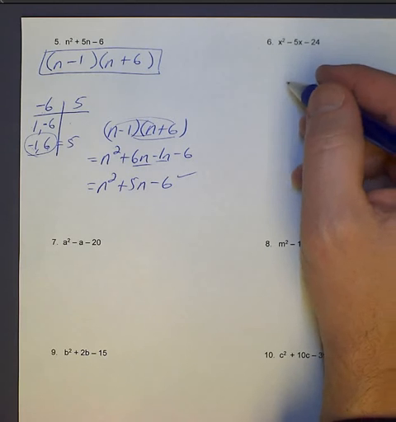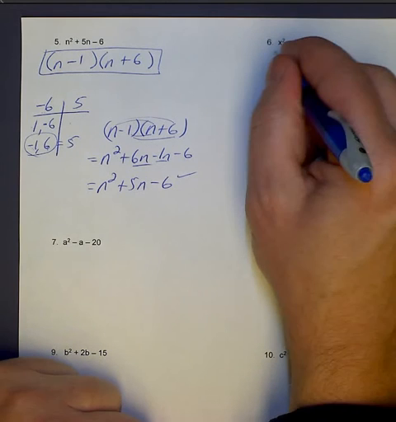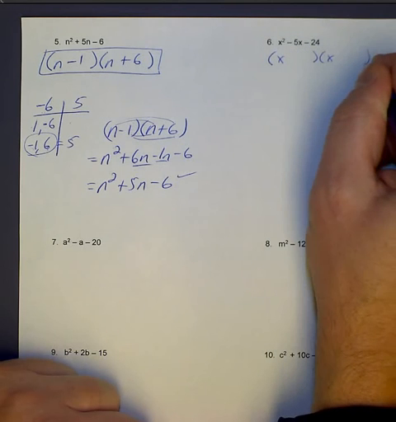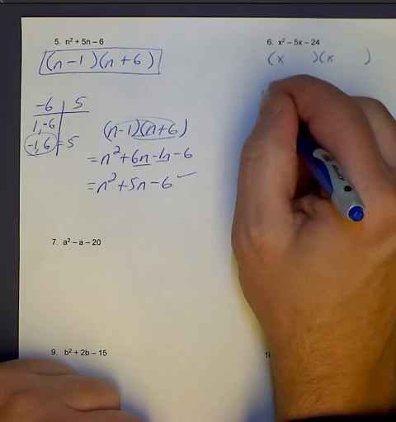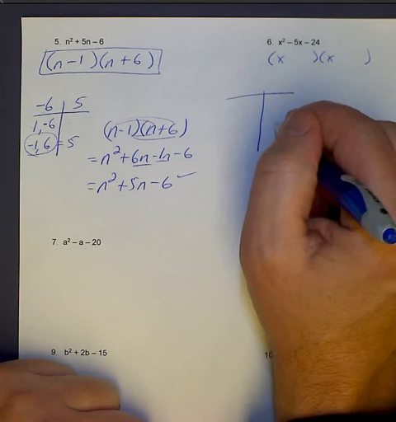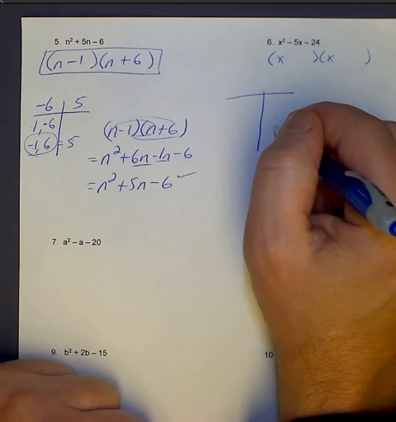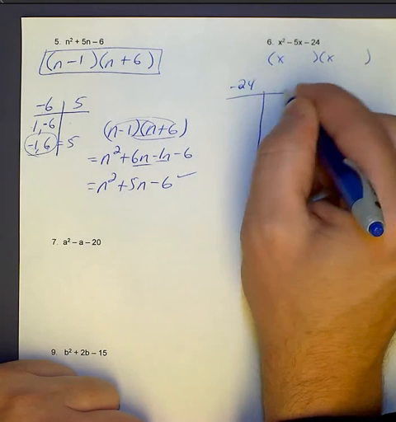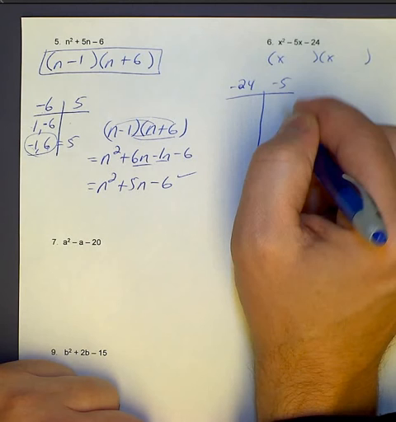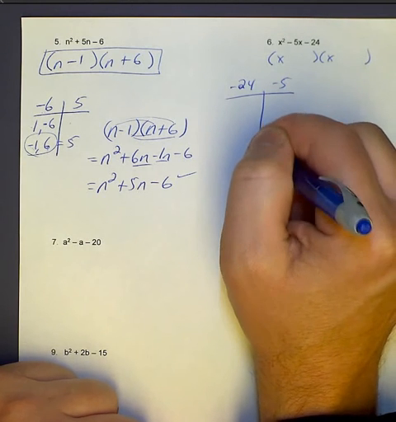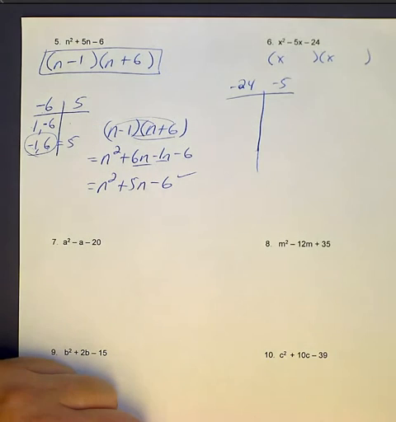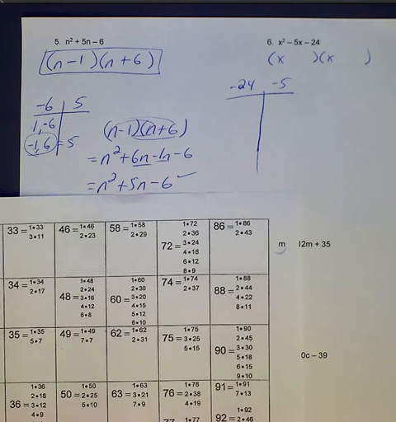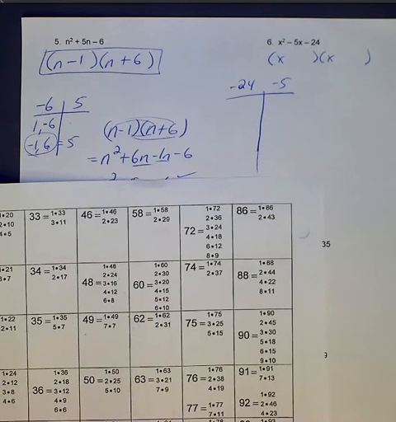Let's try number 6. I know I'm going to have an x and an x. I'm going to use my product sum chart, my T chart. So factors of negative 24 that add to the middle term, negative 5. So 24, if I get stuck, we gave you this chart right here.